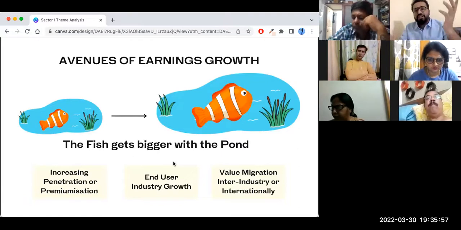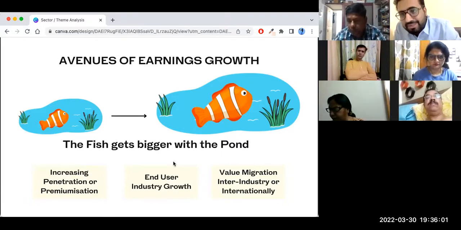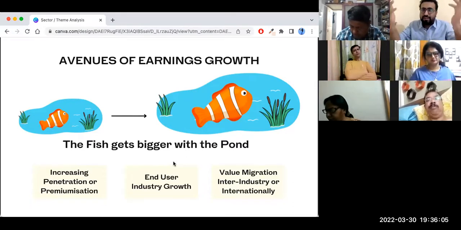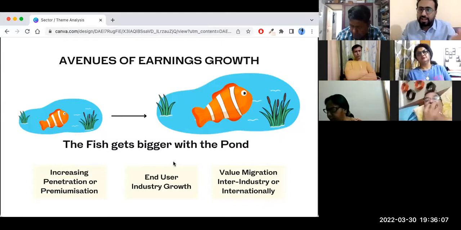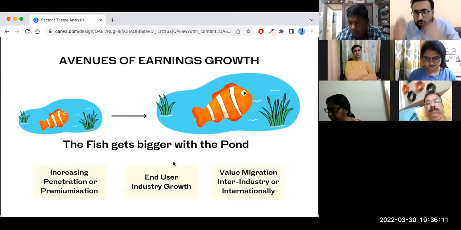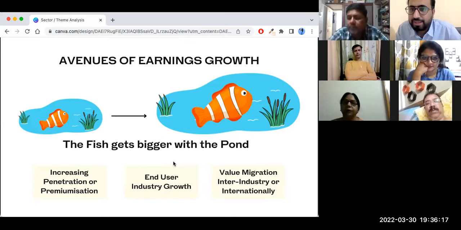The number of passengers that railways had 15 years ago was much higher than the number of passengers that railways has today. Now, where did the demand go? Where did the customers go? Please answer in the chat.